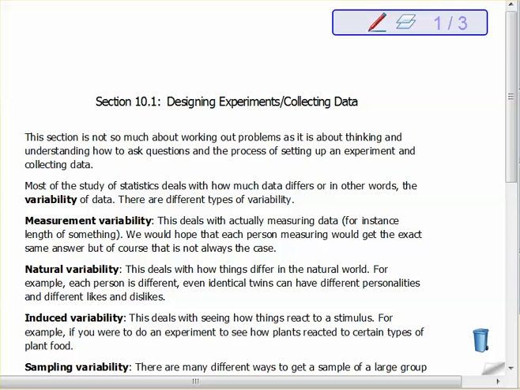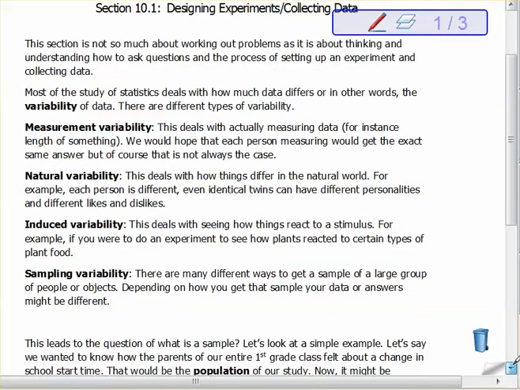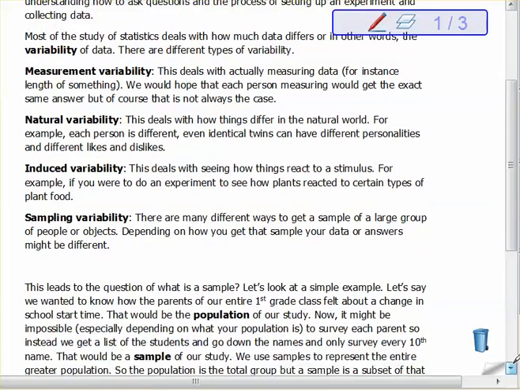You are introducing some kind of a stimulus that could be the difference between how these plants grow and react, and that's what you're experimenting on. So that's induced variability.